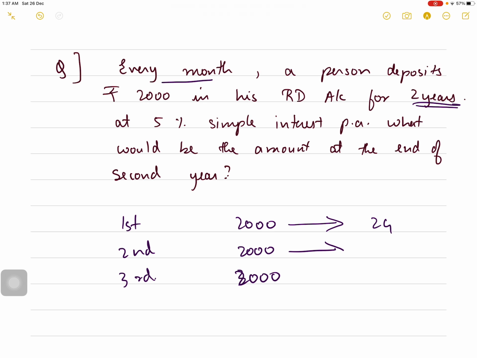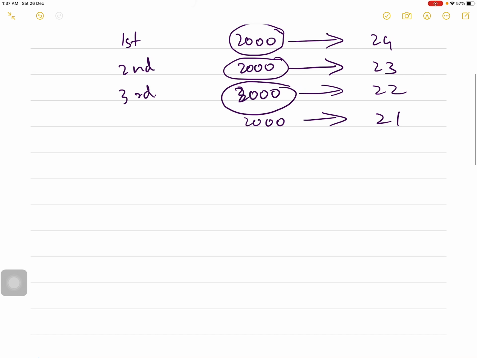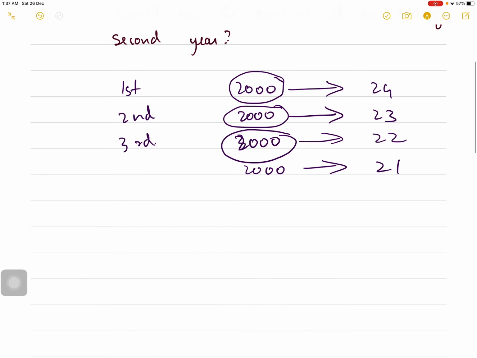The second 2000 is there for 23 months. So on the first 2000 you get interest for 24 months, on the second 2000 for 23 months, the third 2000 for 22 months, the fourth 2000 for 21 months, and on the 24th month, the last 2000, you get interest for 1 month.